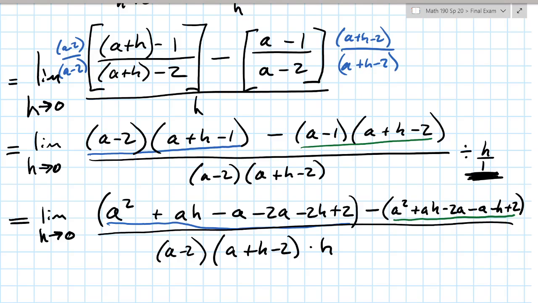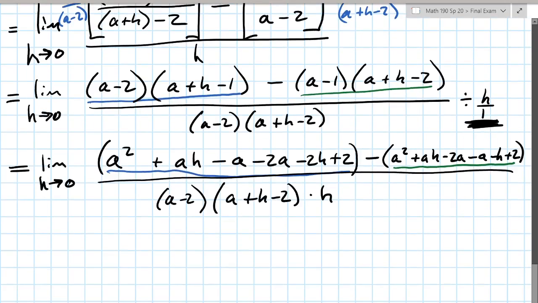Now we can distribute our negative sign into the second parentheses and do some combining of like terms. I'm going to do that all in one step. So I've got a positive a squared here and a negative a squared there. I've got a positive ah here and a negative ah there. I've got a negative a and a positive a. I've got a negative 2a and a positive 2a.